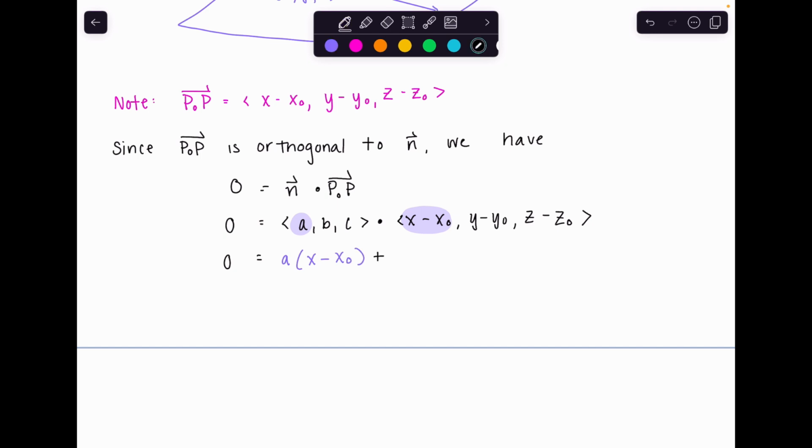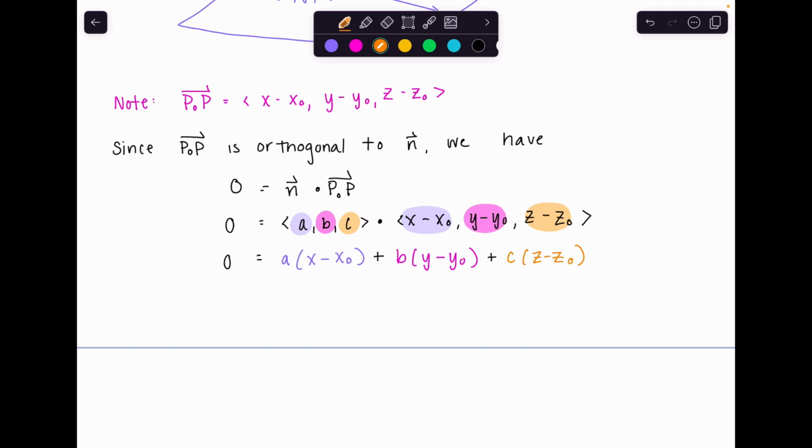Then we add, doing the same thing to the second component. Oh, that's both of them. So we add b times y minus y0. And then doing the same thing to that last component, we add c times z minus z0.